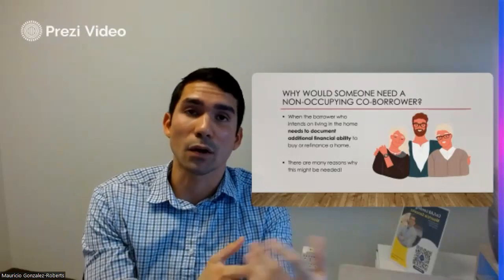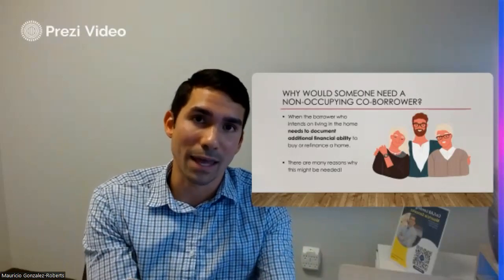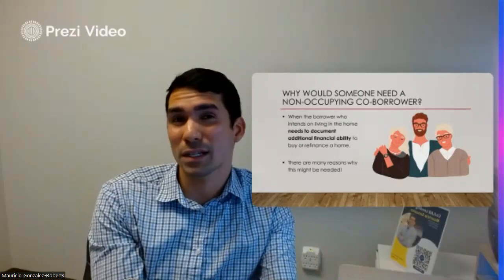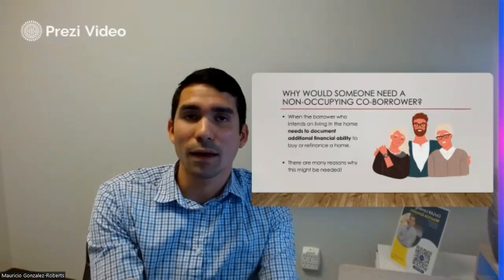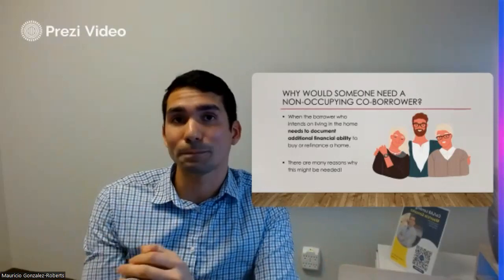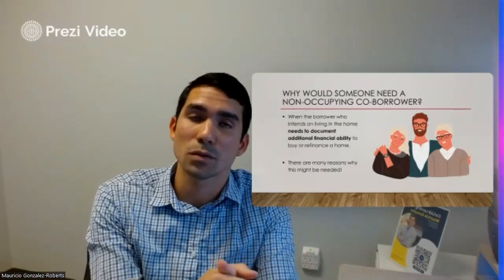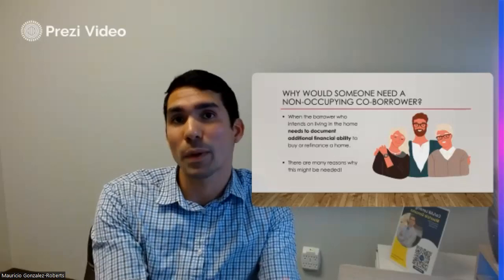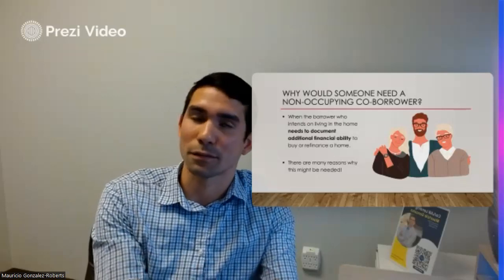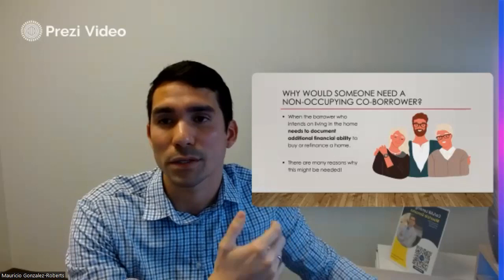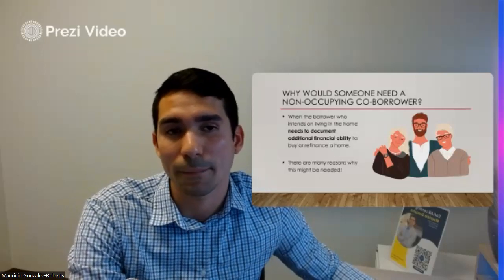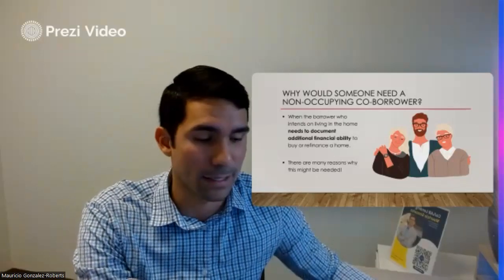So it was a great idea for the parents to help out their kid that way and save on rent and actually own a property. And at the same time, it helped the borrower who will occupy the property because it was going to be actually a little bit cheaper to pay their parents back rather than rent. So that's one of the main reasons why we use a co-borrower in this situation.